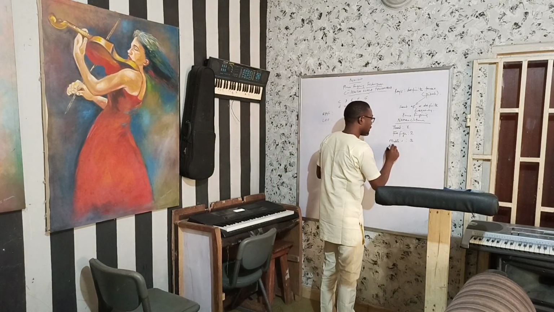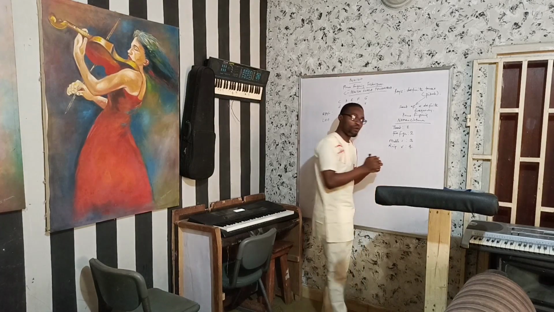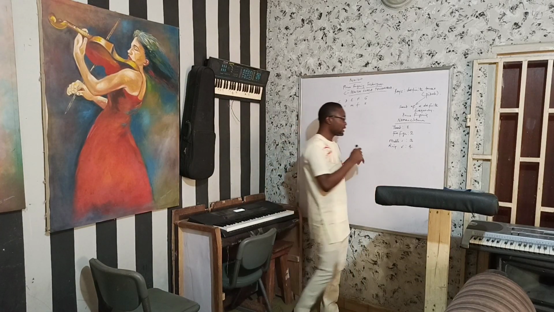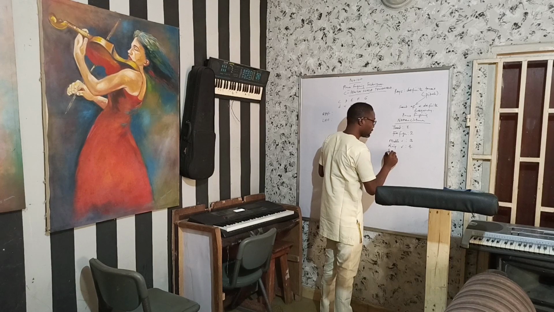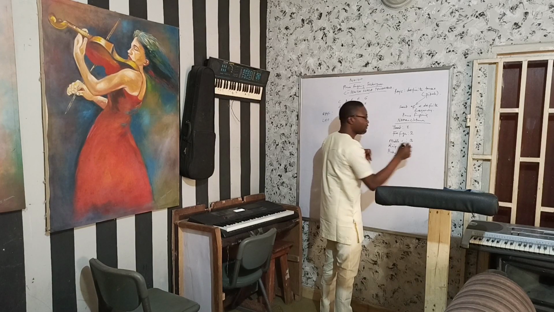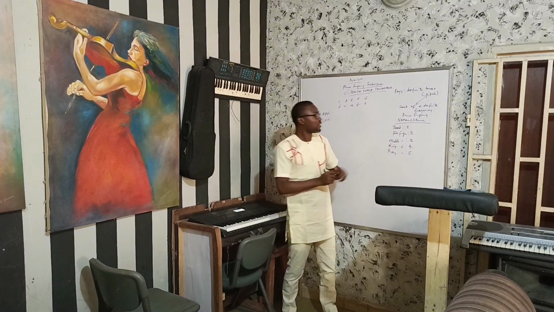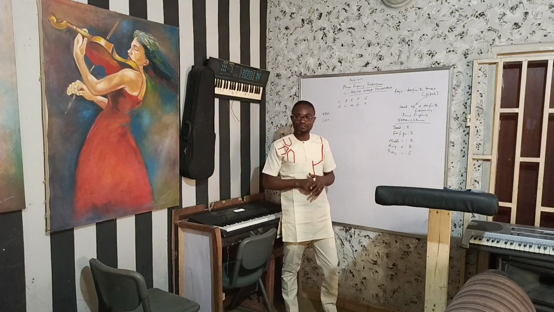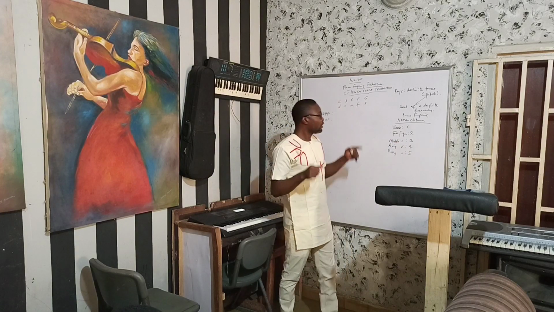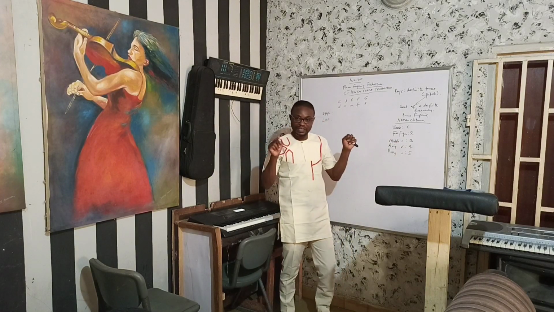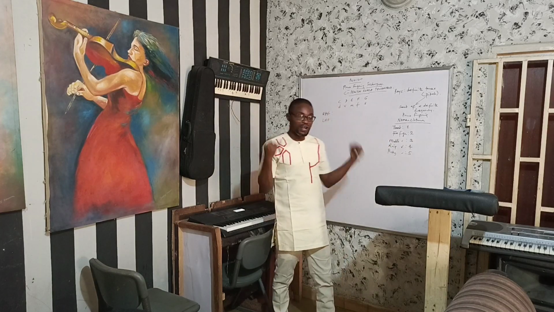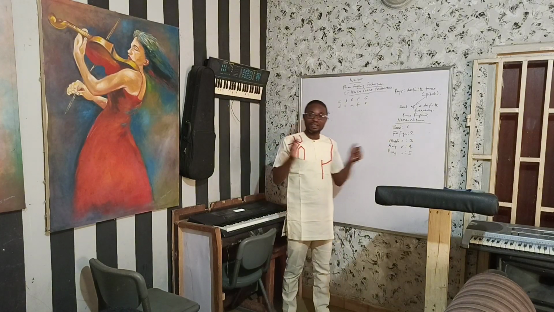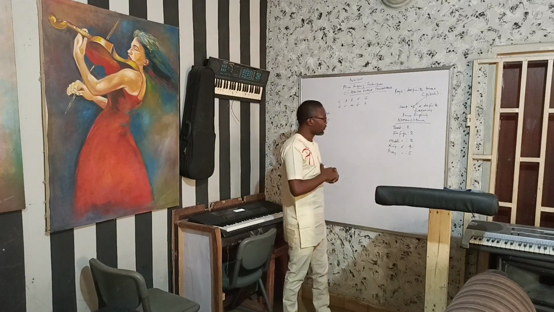The ring finger is finger number 4. And the pinky or the small finger is finger number 5. That's finger 1, 2, 3, 4, 5. Thumb is 1, forefinger is 2, middle finger is 3, ring finger is 4, and the pinky finger is finger number 5, or the small finger.